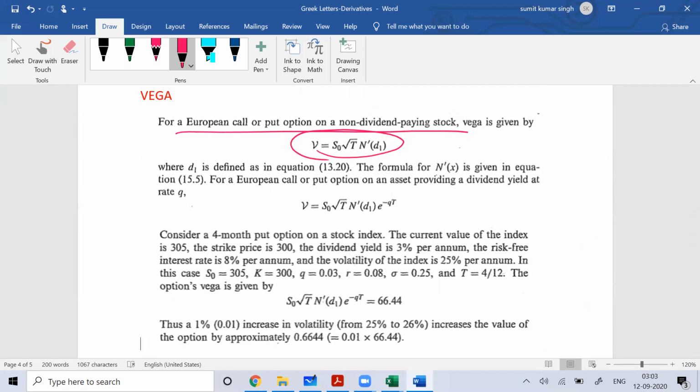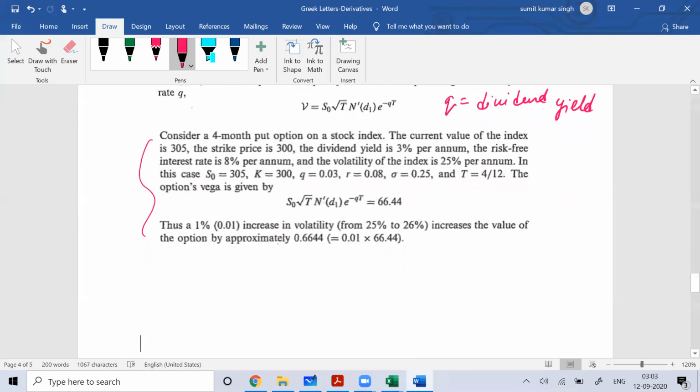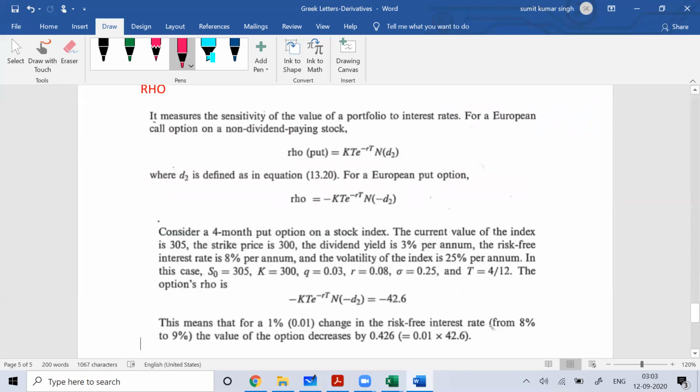This is the formula for Vega for a non-dividend paying stock, and if dividend yield is given, this Q means dividend yield. Whenever we talk about Q, it means dividend yield. These calculations are not important for you.